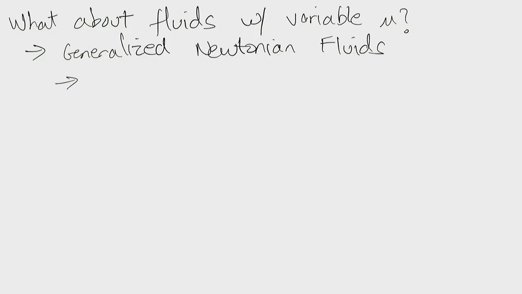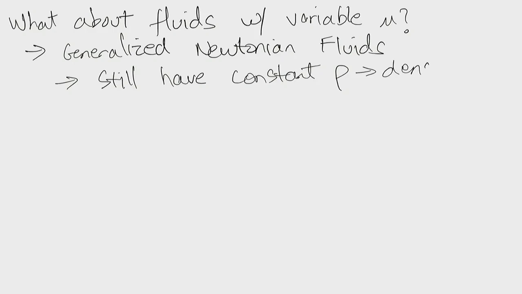Importantly, they still have constant density. And so for generalized Newtonian fluids, mu is not constant, but mu is a function of the rate of strain tensor.